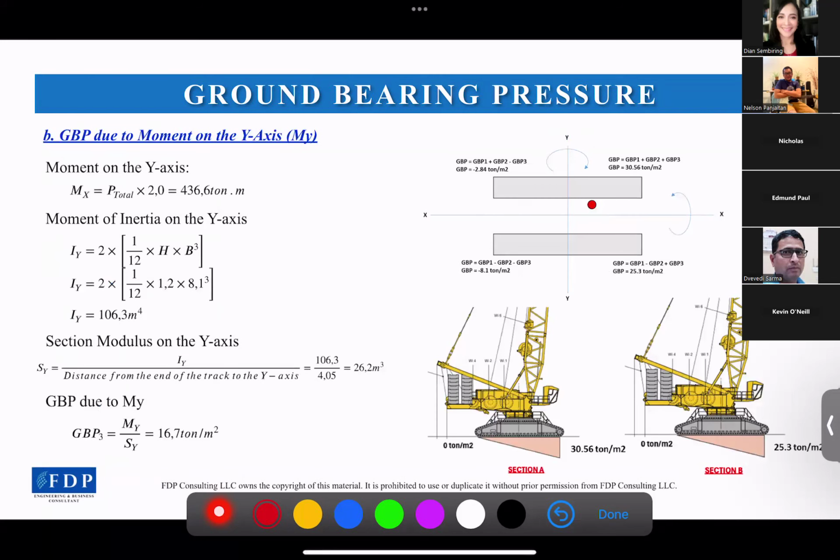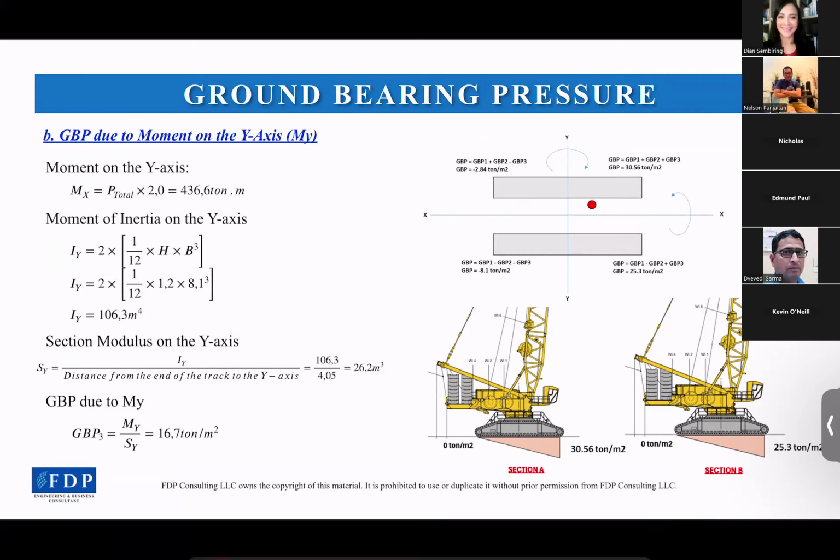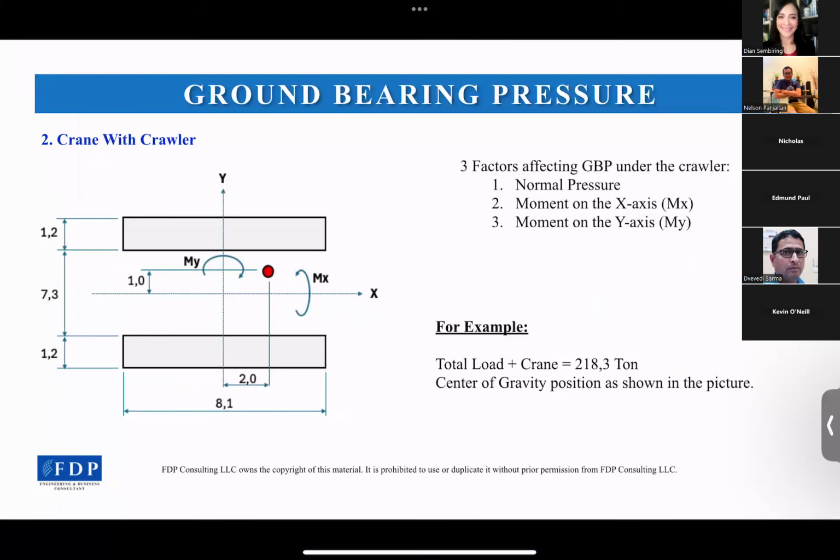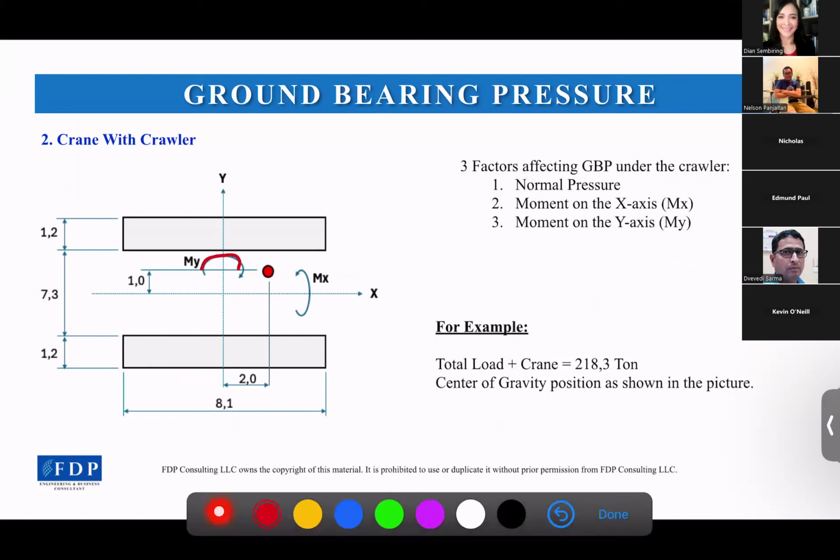Now for the ground bearing pressure due to the moment on the y-axis, it will be the same as previously. For the moment on the y-axis, the distance that makes this rotate on the y-axis is this 2 meters.